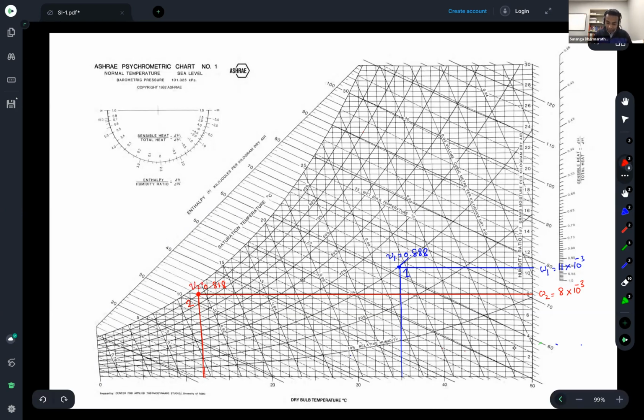And also we need H values. So for 2, the H value, drawing parallel to that, this is 32. So let's take a parallel line from here.